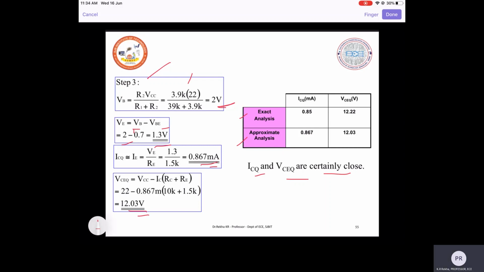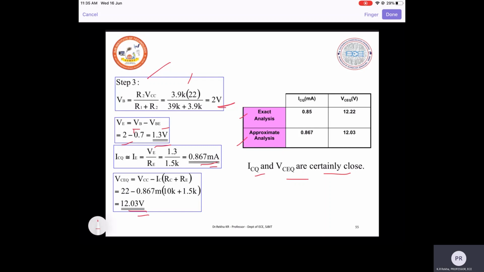Got this? Can do that. ICQ as well as VCEQ are certainly close. So comparing exact analysis and approximate analysis, you can see that ICQ in milliamps is 0.85 and VCEQ is 12.22 volts, and in approximate analysis 0.867 and 12.03.